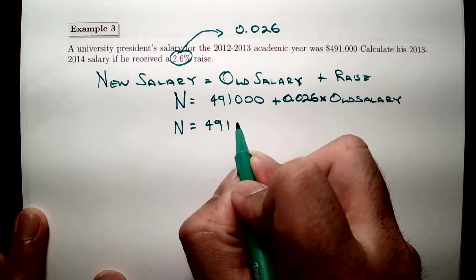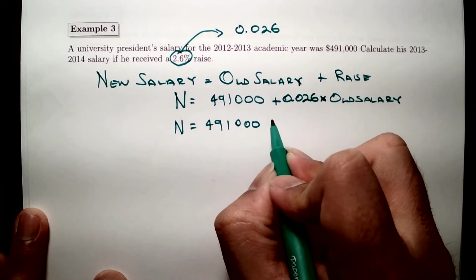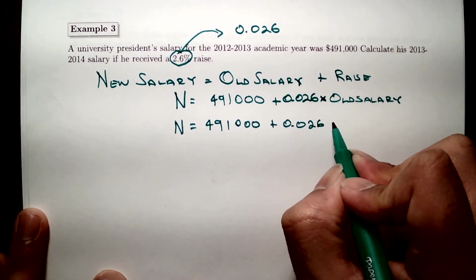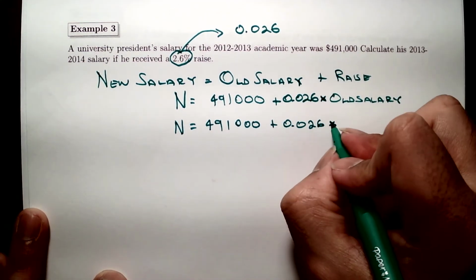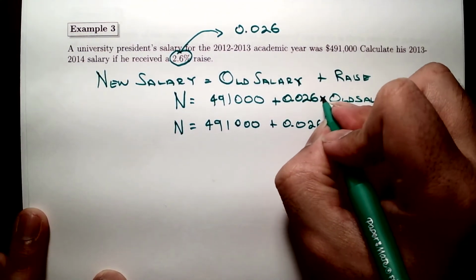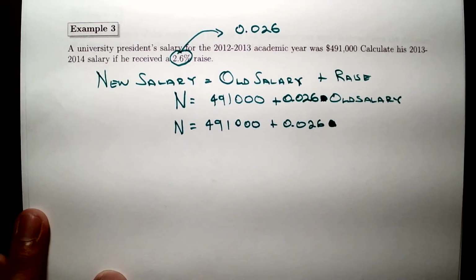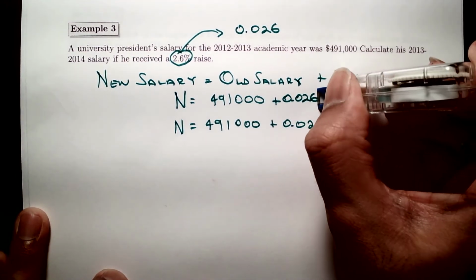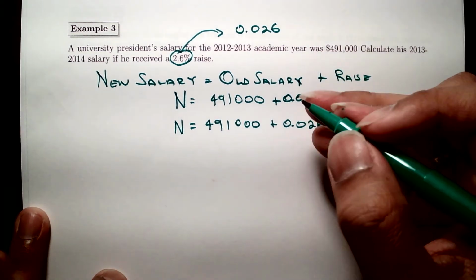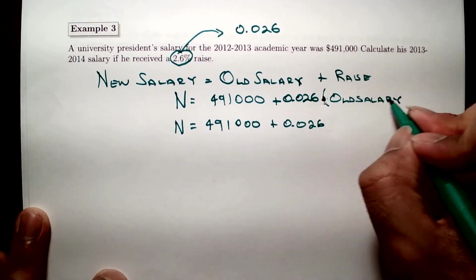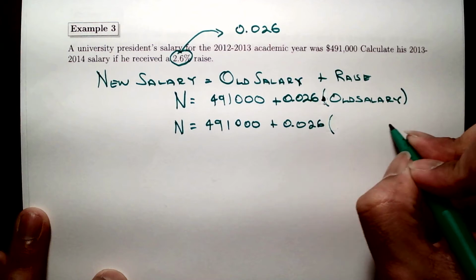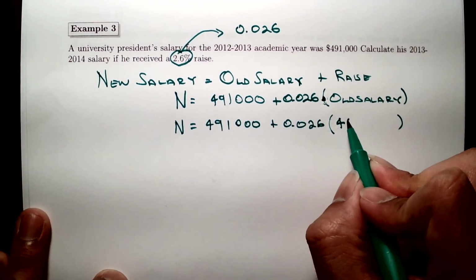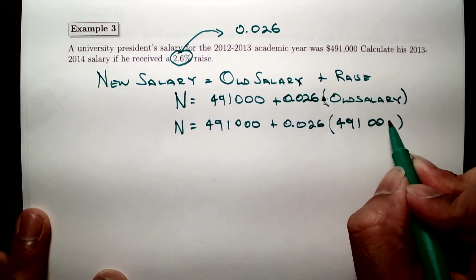So that's 491,000 plus 0.026 times 491,000. I'm going to put parentheses, because it looks kind of ugly otherwise.